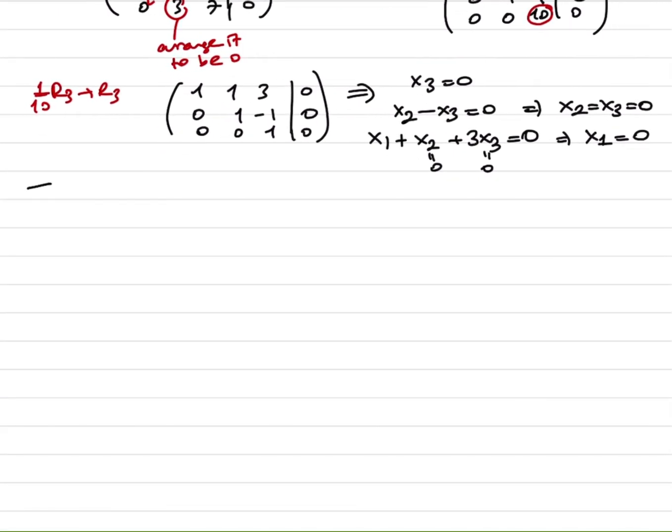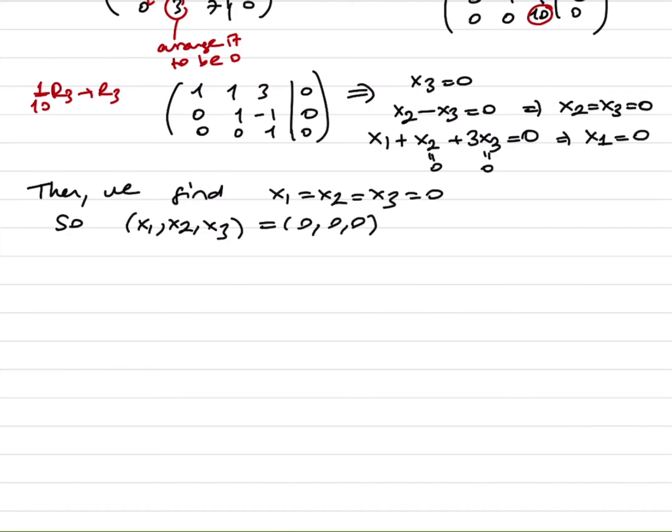We find x1, x2, x3 is 0, 0, 0, which is the trivial solution for the system.